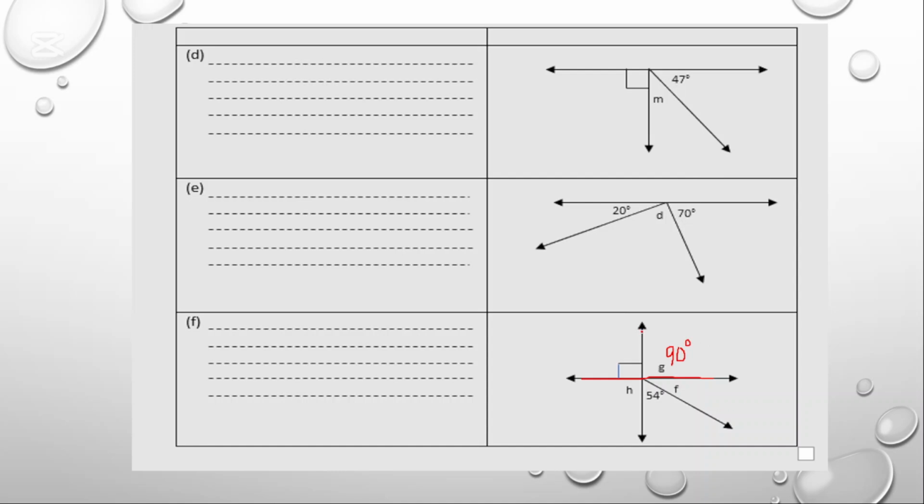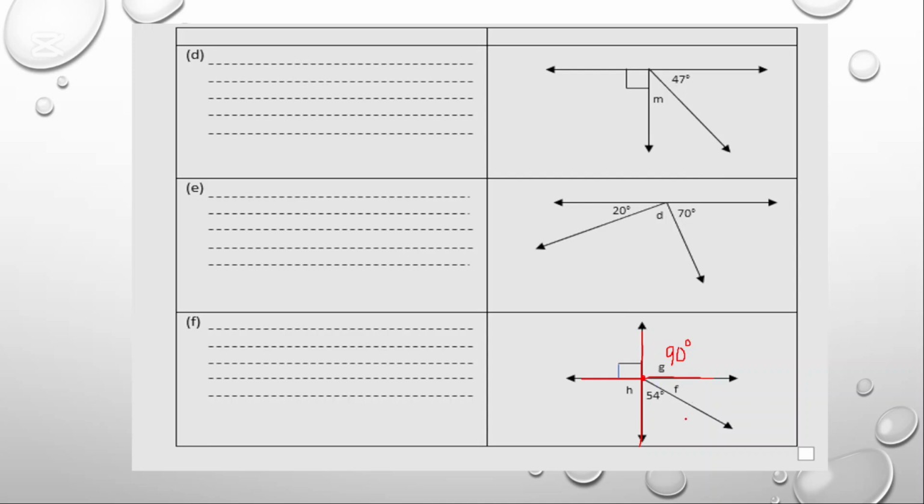Here we have another straight line here. There's the common vertex. So in this case, these three angles will add up to 180. G plus F plus 54. And we only have one unknown angle here, that is F. So we will say 90 degrees plus F plus 54 is equal to 180. Why?